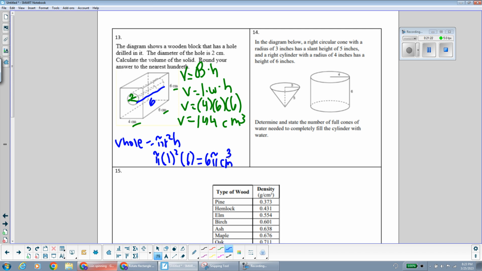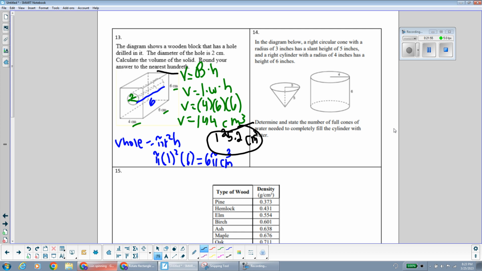So now I just need to take my 144 and subtract off the empty space. I'm going to subtract the 6 pi, and I get approximately, to the nearest hundredth, 125.2 cubic centimeters. Okay, moving on to the next one.